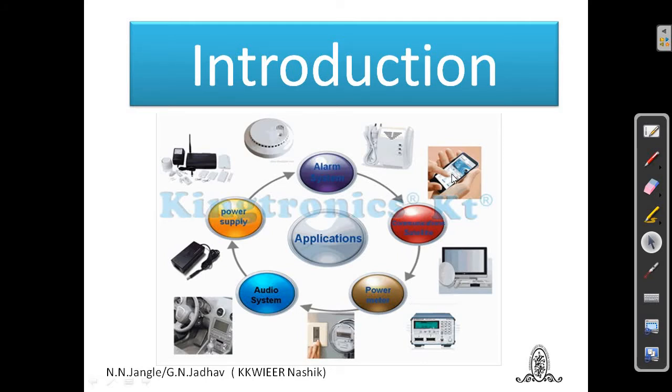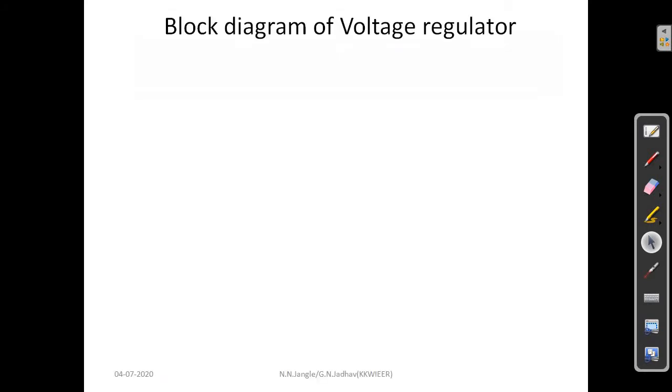Your mobile phones, your laptops, your vehicle audio systems and many more things all work on DC power supply, whereas our transmission and distribution is done with the AC supply, and therefore it is necessary to have a rectifier circuit.